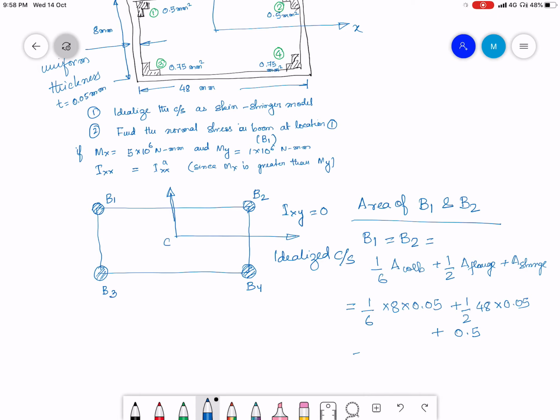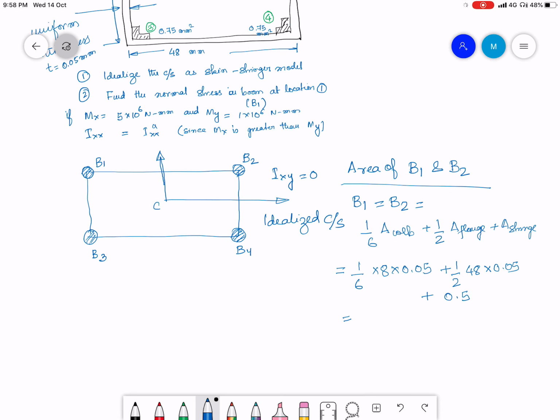So if I calculate this, this is going to be equal to 1.767 millimeter square. Okay. Similarly, the areas of B3 and B4.